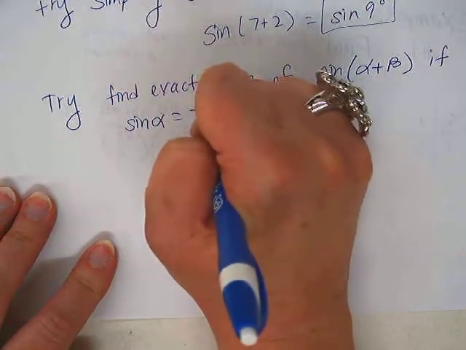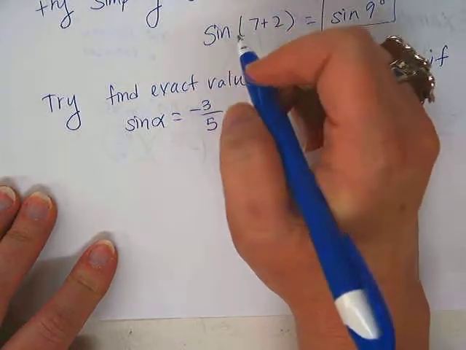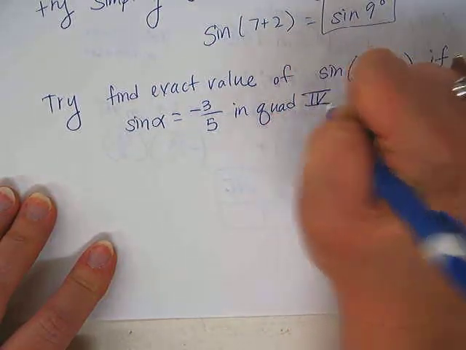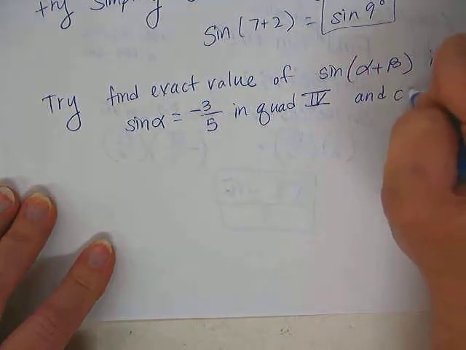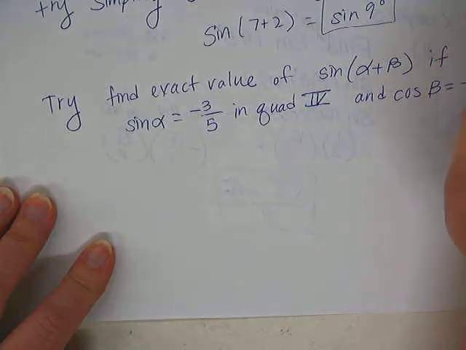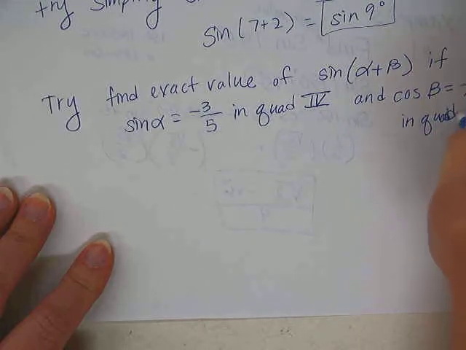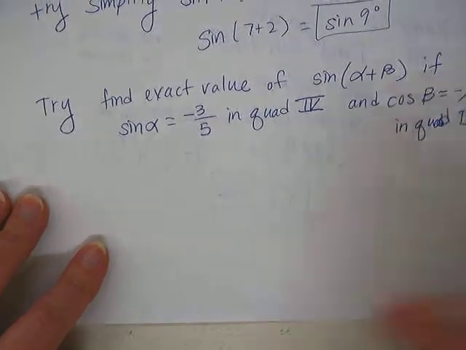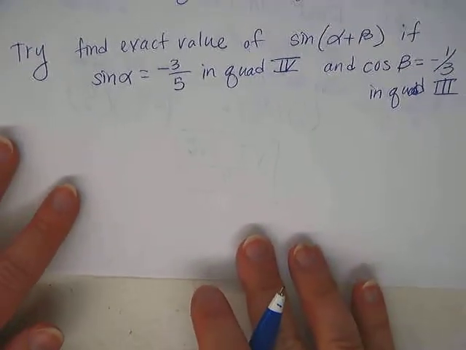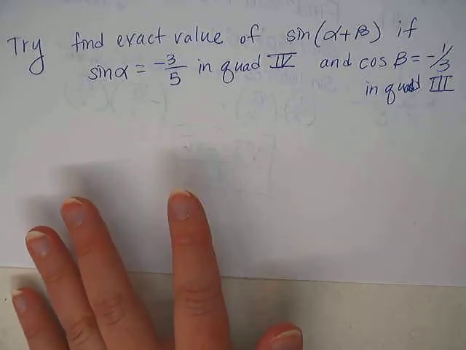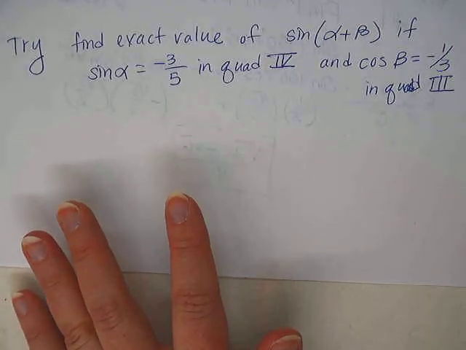Find exact value of sine alpha plus beta if sine alpha is negative 3/5 in quadrant 4 and cosine beta is negative 1/3 in quadrant 3. I'm going to let you go for that and see what you can do with it.